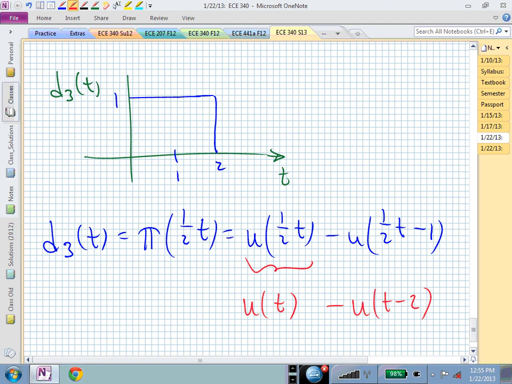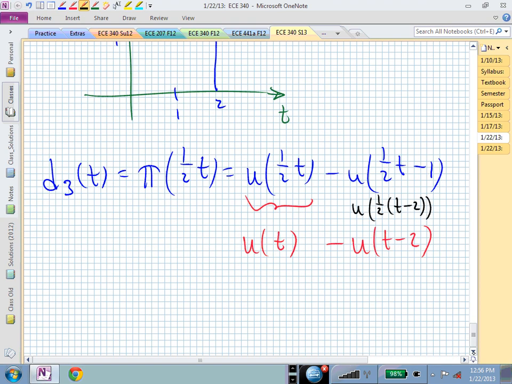Well, you could even say the following. You could say u of 1/2 t minus 2. And then if you bought this transition from 1/2 t to t, now you can forget the 1/2 in front of the t minus 2, and you can say, oh, that's just u of t minus 2. Is that making sense? That's now d sub 3. That's just one of the pieces, isn't it?